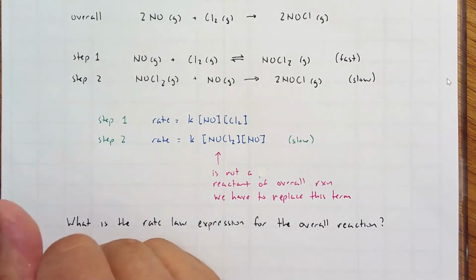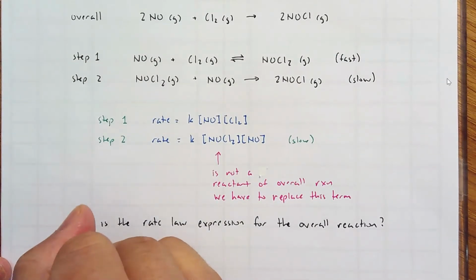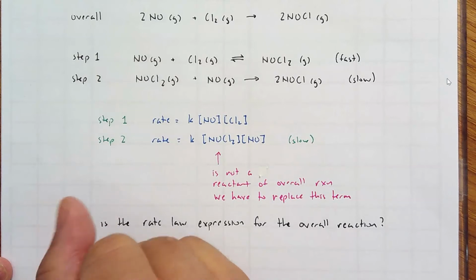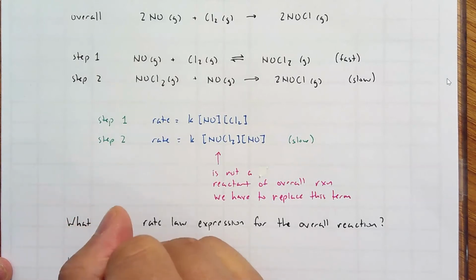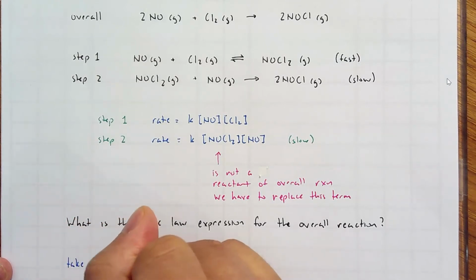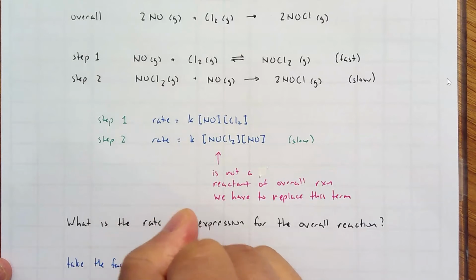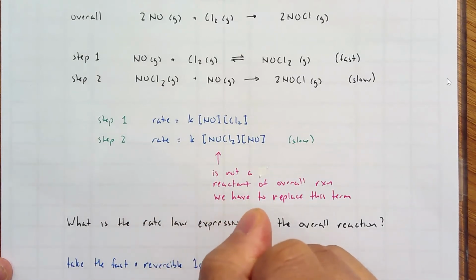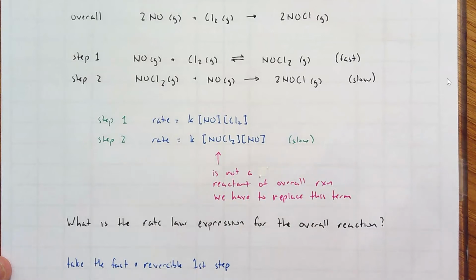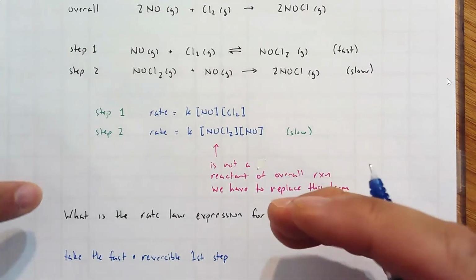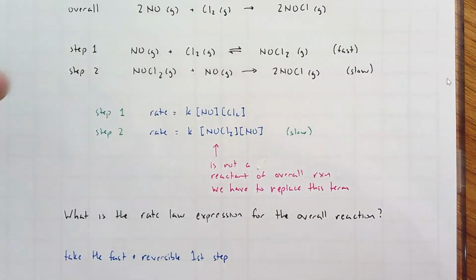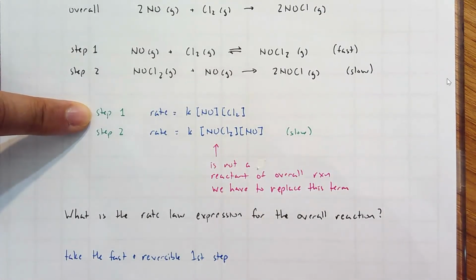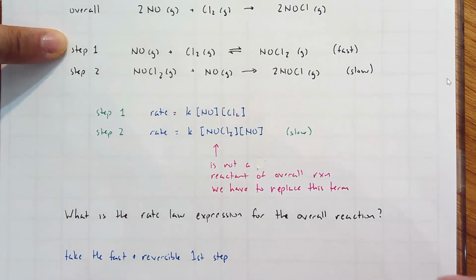I'm writing these steps down. Take the fast and reversible step, and it's the reversible first step. All of this, what I'm about to do, would be unnecessary if the first step was the slow step.